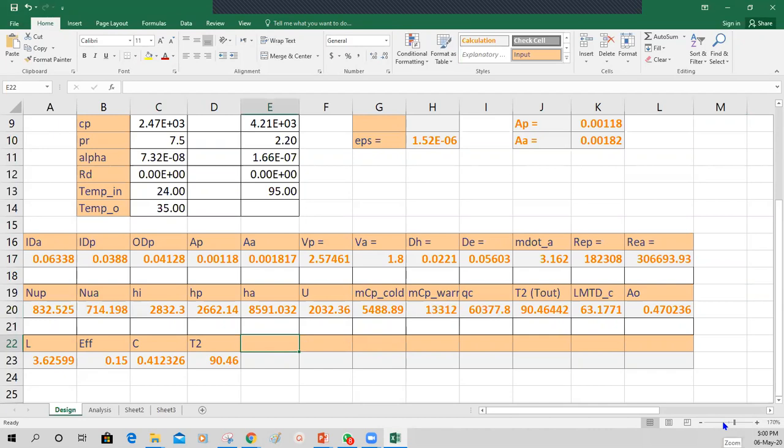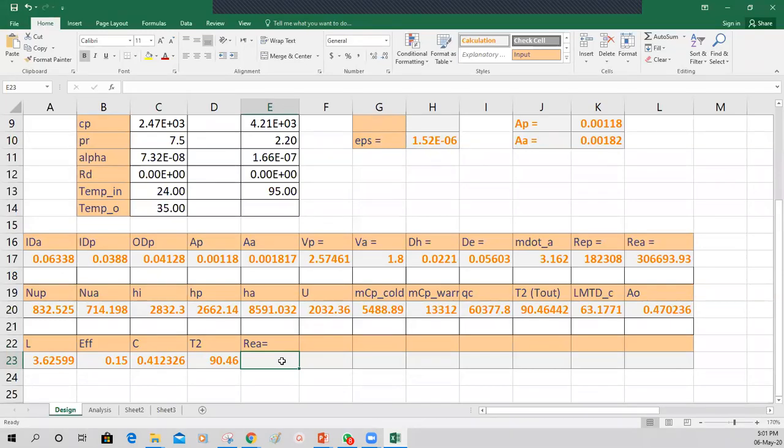So for the pressure drop, if we go back, you need to calculate the friction factor. For the friction factor, you need to calculate the Reynolds number. For the pipe side, the same Reynolds number that we calculated before will work. But for the annulus side, we need to calculate the Reynolds number again, and this time we will use the hydraulic diameter.